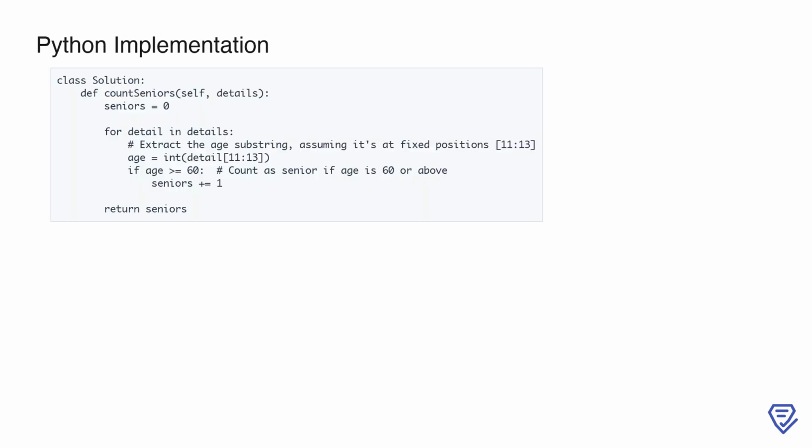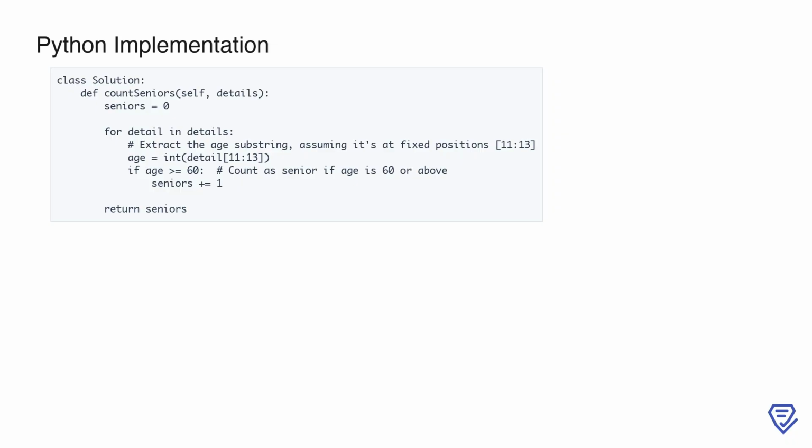This Python solution addresses LeetCode problem number 2004 by efficiently analyzing the given list of strings to count seniors aged 60 or above. The function countSeniors starts by initializing a counter seniors to 0. This variable will store the count of seniors as we process the list. Next, the function iterates over the list of strings details.